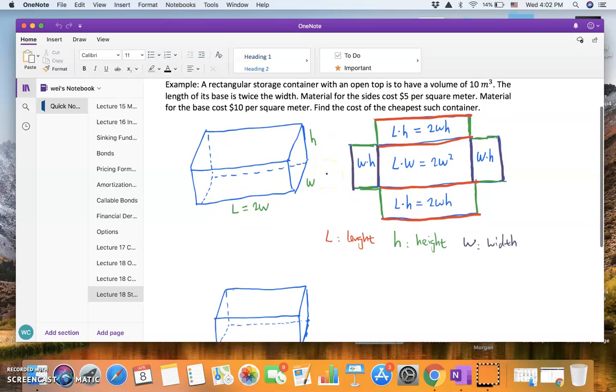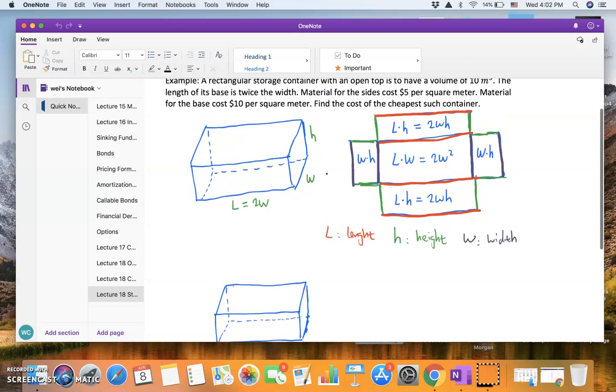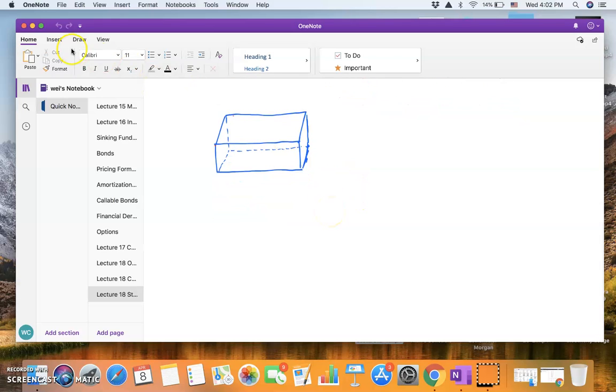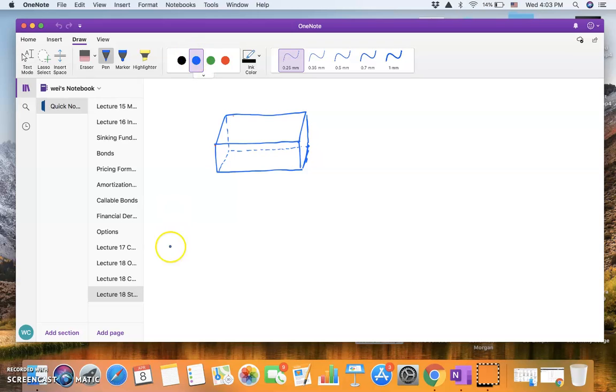Once we know this, the next thing is to find the cost function. So I use C to stand for the cost.